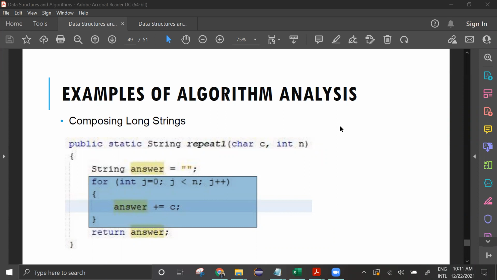And then Arfath has a different answer. So big O log n. So what is your explanation, Arfath? Why do you say it is big O log n? If your explanation is wrong, that's fine, right?